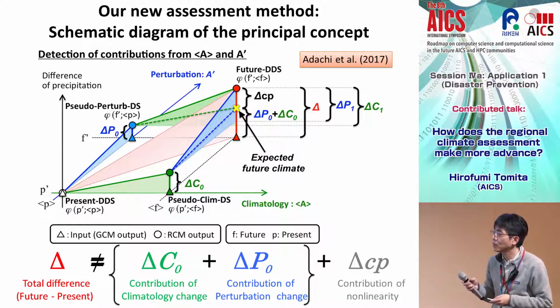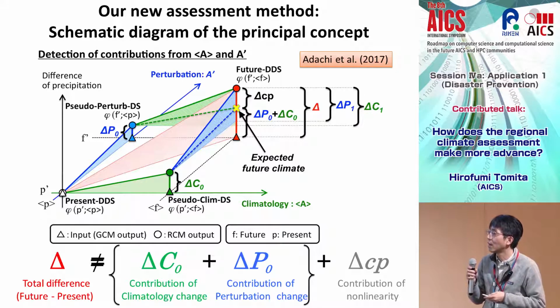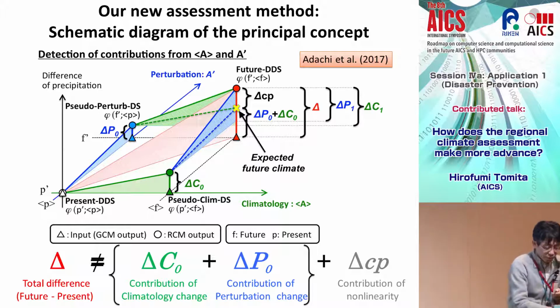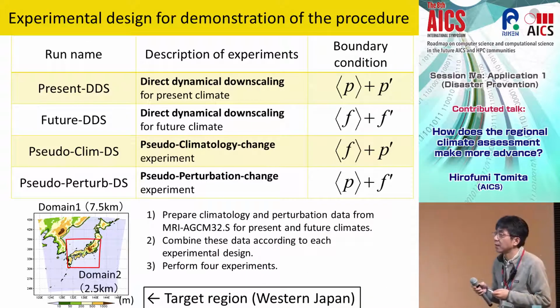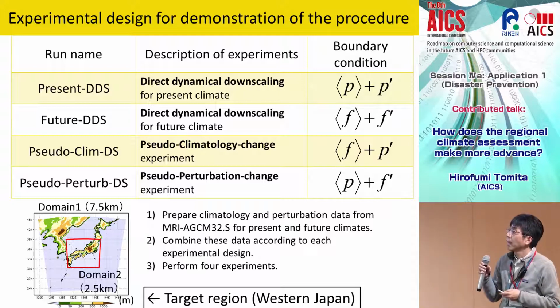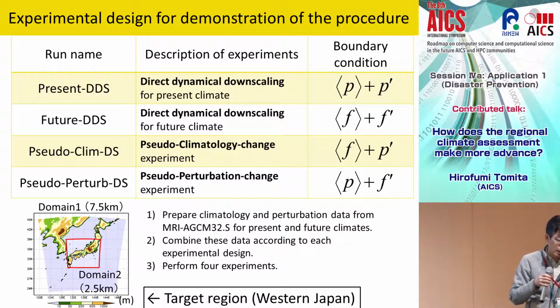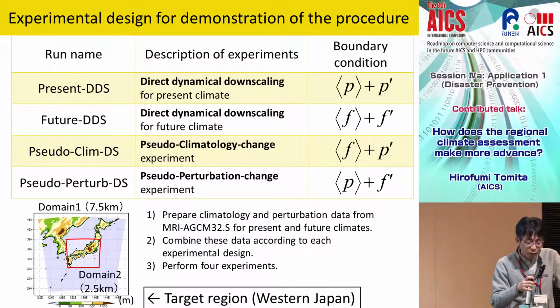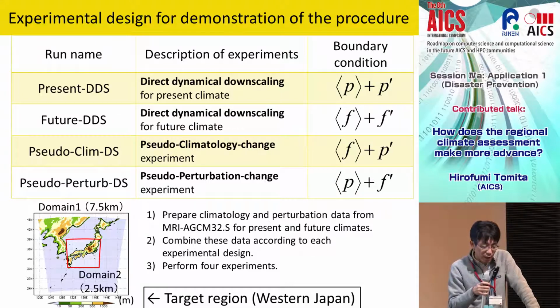So we conducted two DDS and also two artificial boundary condition experiments. This is the experimental design for demonstration of the procedure. The first two are DDS, direct dynamical downscaling, for the present climate and the future climate.